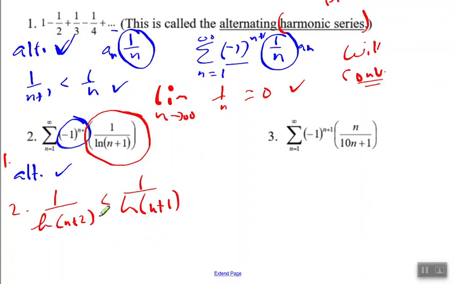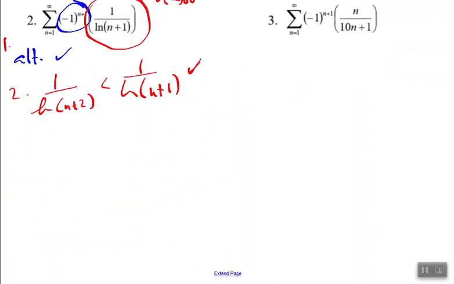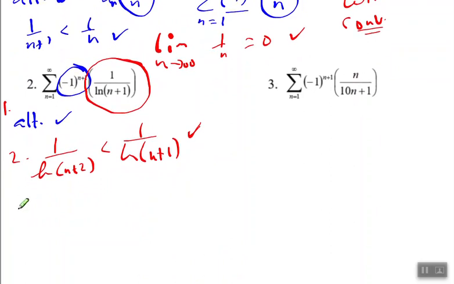And there are lots of things that you could do with this one. But as long as you state, are our denominators getting larger? Yes, they are. And even if it wasn't true at the very beginning, it's going to eventually be true. But it is true in this case. You can compare the first couple of them. As long as you state the things that need to be true in order to use the alternating series test.